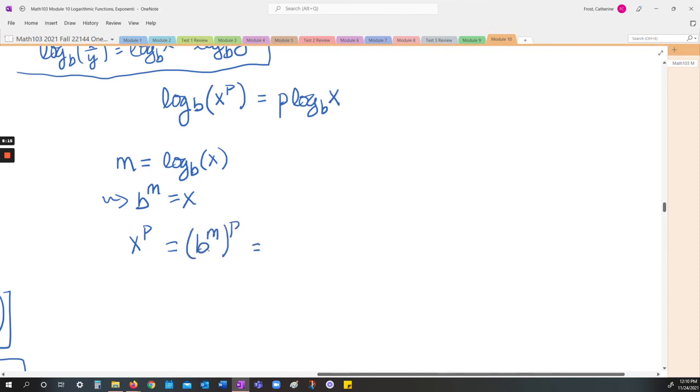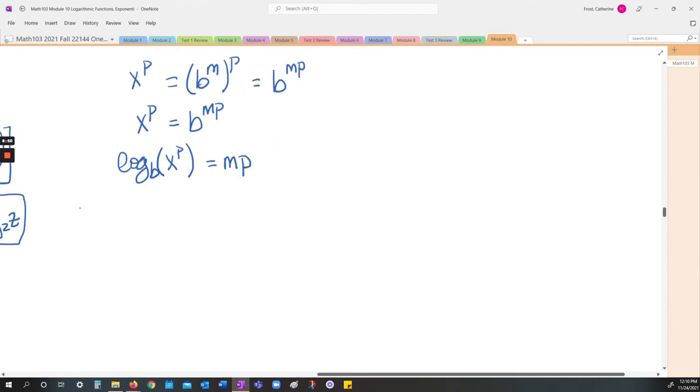And we know from exponents that when you have an exponent to another exponent, you multiply. So this is the same as b to the mp. So now if we take x to the p equals b to the mp and rearrange this back into logarithmic form, we'll have log base b of x to the p is equal to the exponent mp.